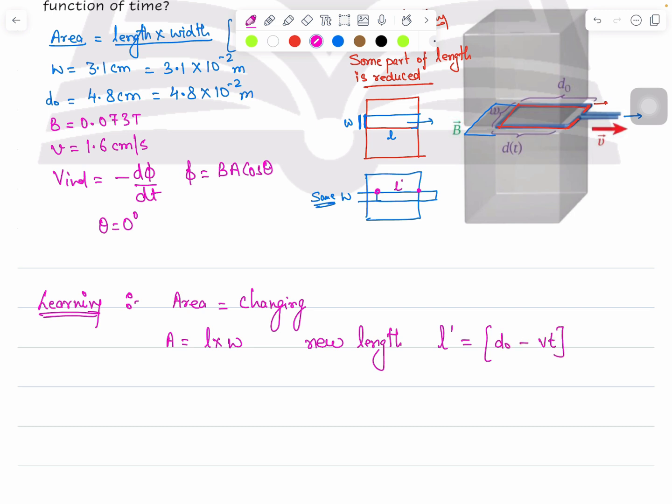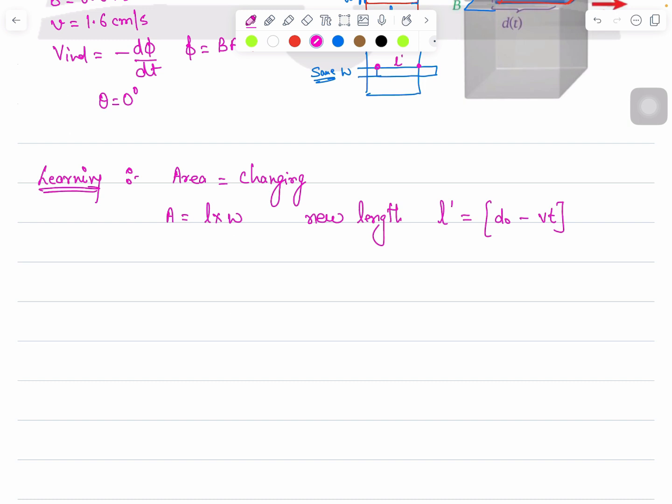Okay, wait. If you don't understand this, I will tell you. Let's say this is the length L, original length L, which is equal to D naught. Fine. Okay, now you have shifted like this. So you have to find this part and this part. Can I say L dash? But how much have you shifted? Just tell me, what is this part?